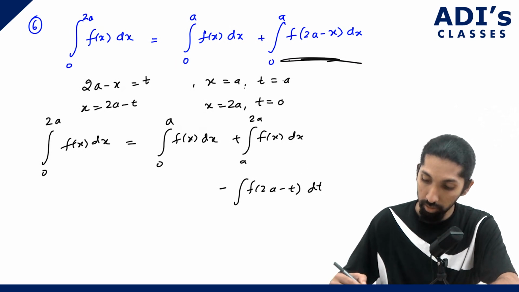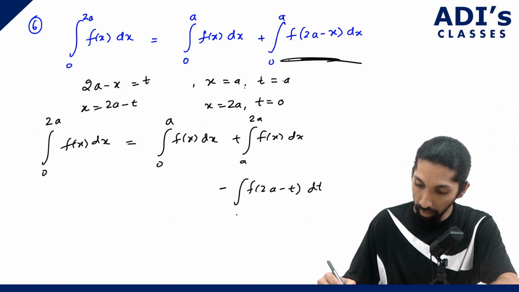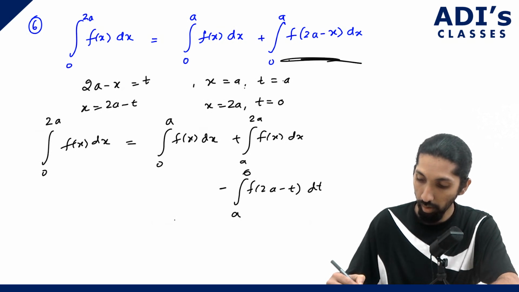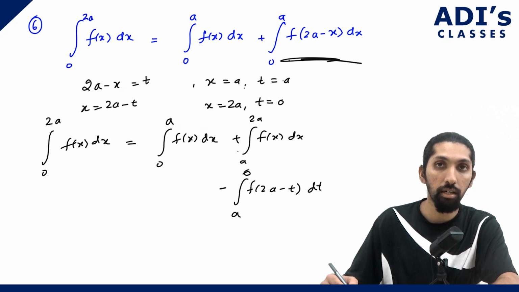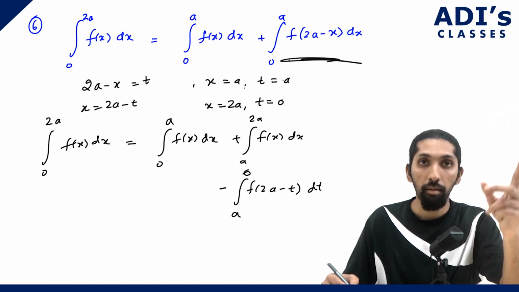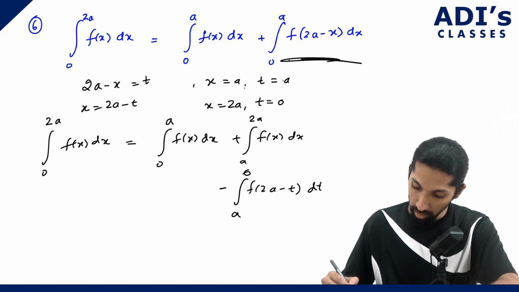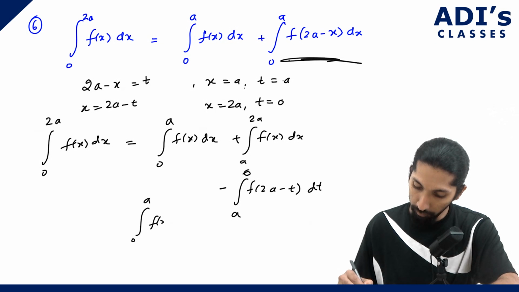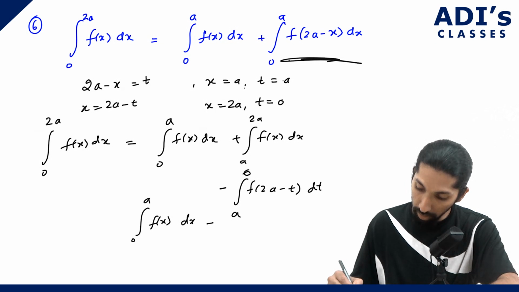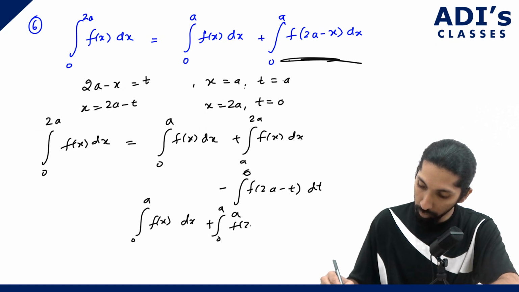Now the limits will also change. The limit is going to be a to 0, correct? So when you flip the limit, minus becomes plus. So this is going to be the integral from 0 to a of f of x dx plus the integral from 0 to a of f of 2a minus t dt.